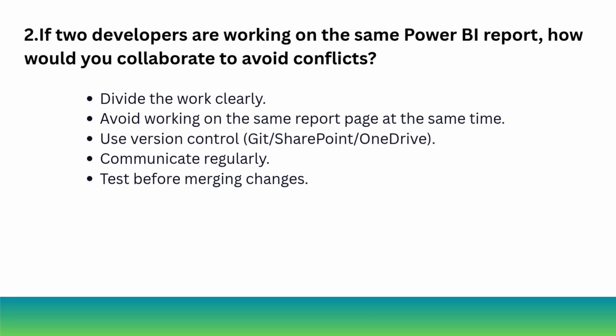We also avoid making changes to the same report or page at the same time, because it can overwrite each other's work. We communicate regularly, test our changes before merging them, and use version control such as Git or SharePoint and OneDrive version history.